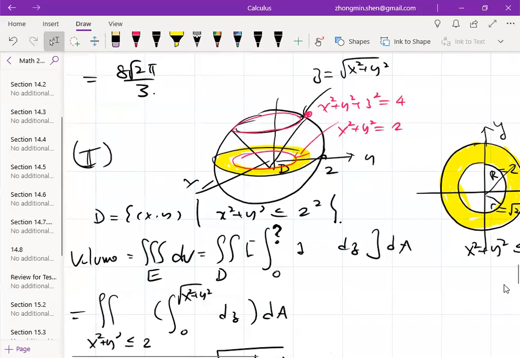The disk is in the two-dimensional XY plane. Then for each point in the disk, you have to find the range for z. I know z is from 0, but what is the upper limit? The upper limit is a piecewise defined function because the top part is not the whole sphere, okay? It's inside the cone and outside the cone.